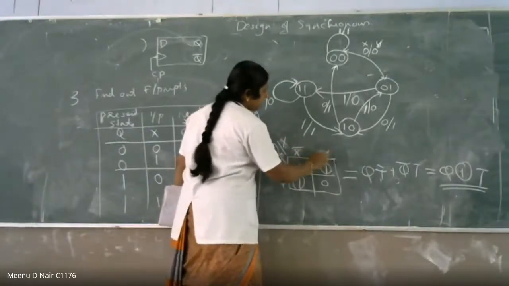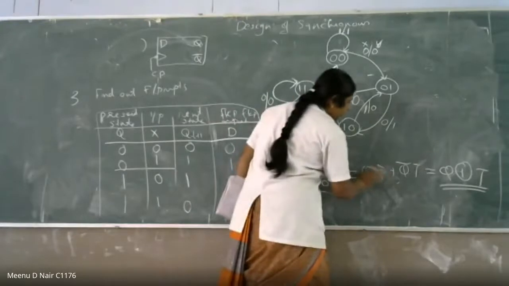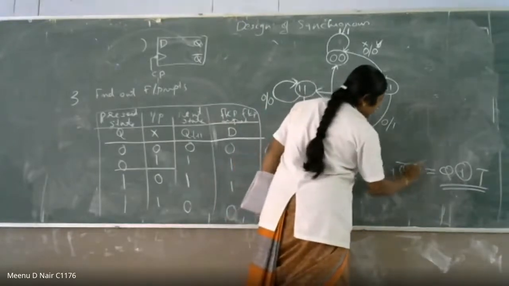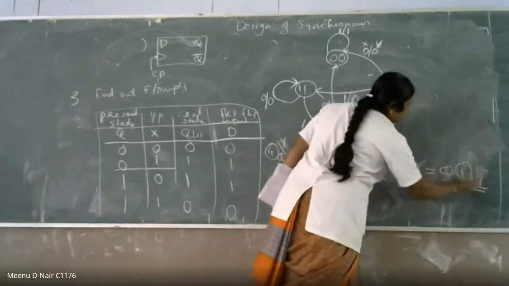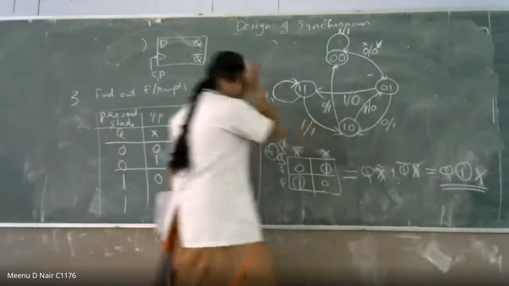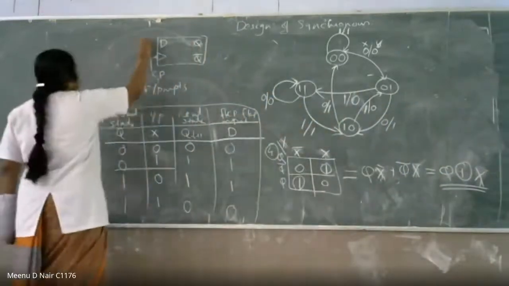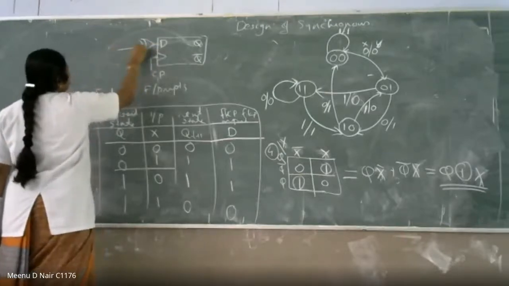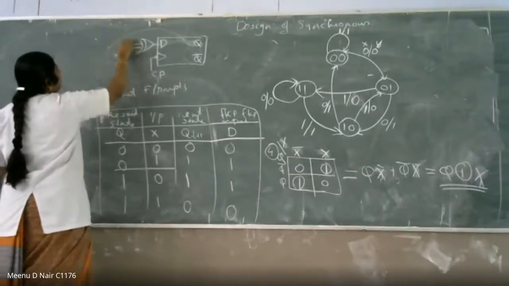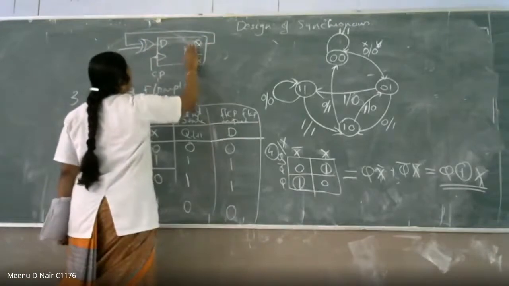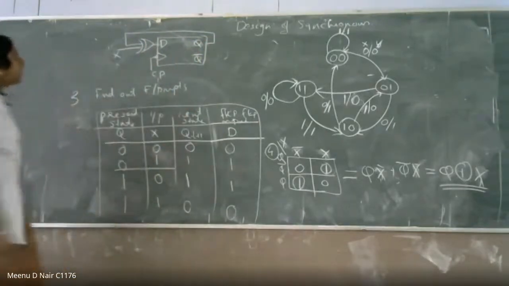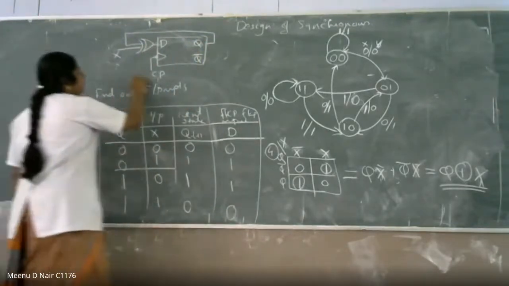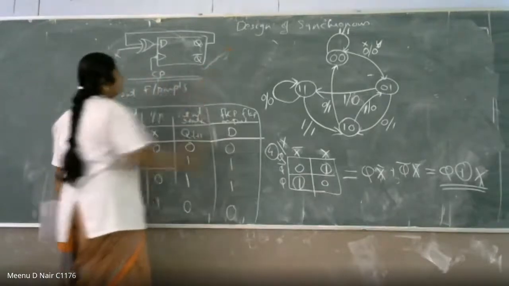So this is X, and this is Q XOR X. You consider this an XOR gate with inputs X and Q. This is the circuit diagram.